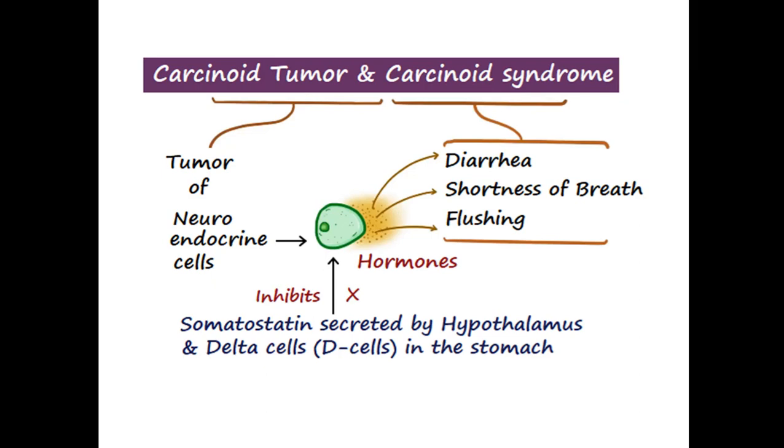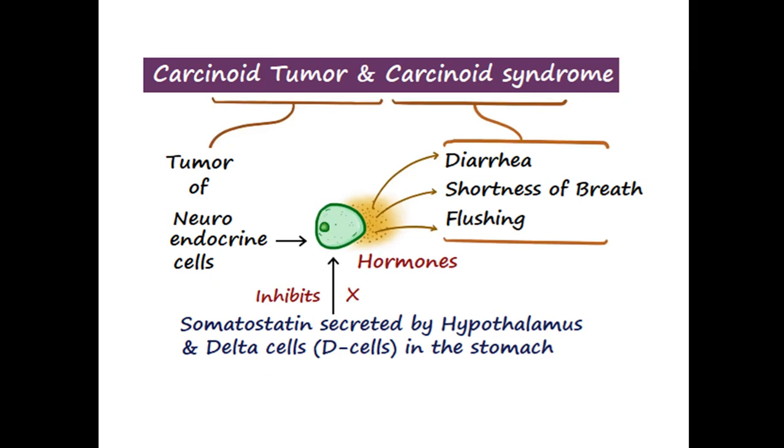Normally, the secretion of these hormones is under the control of other hormones or nerve impulses, and in this way a regulated secretion of the hormones by the neuroendocrine cells occurs, as much as is required by the body for various functions.